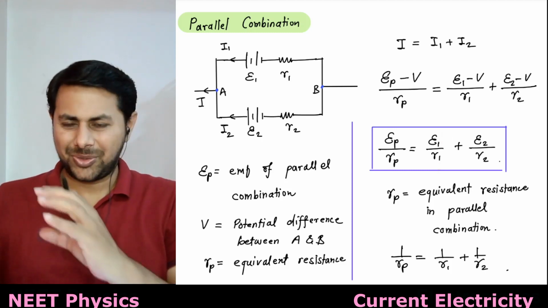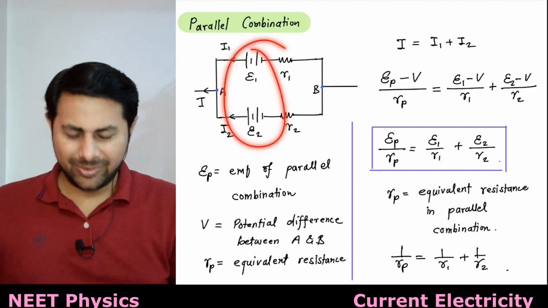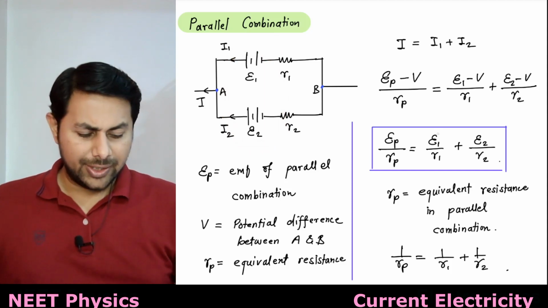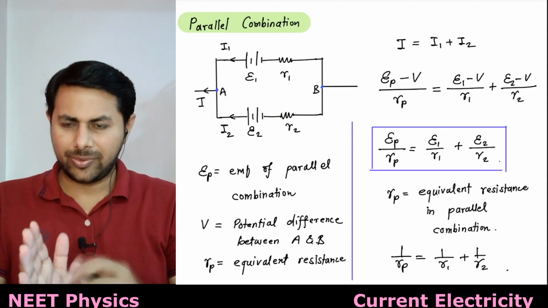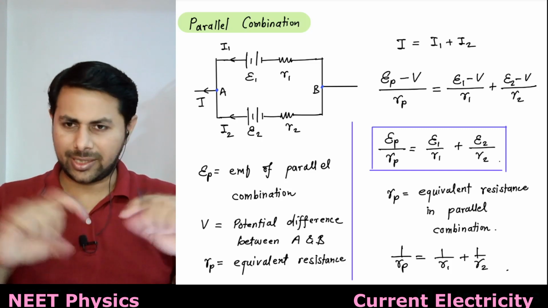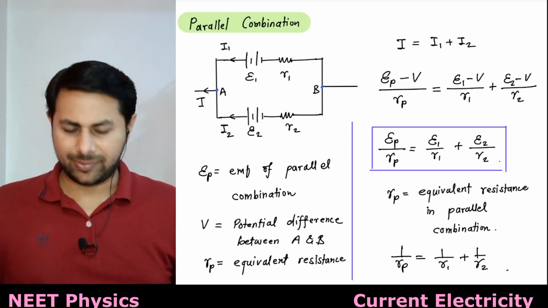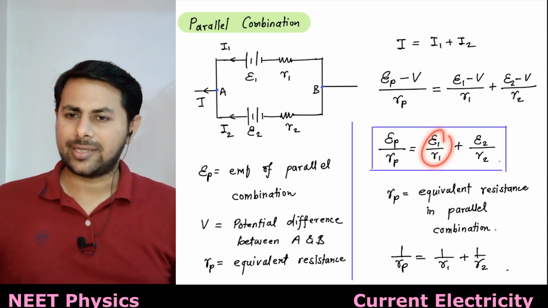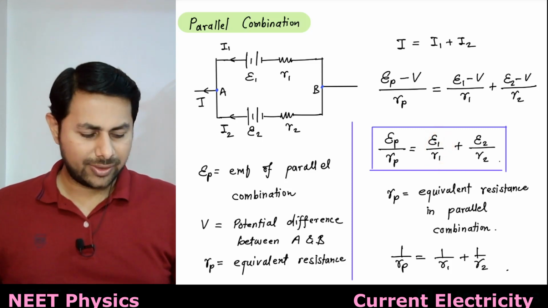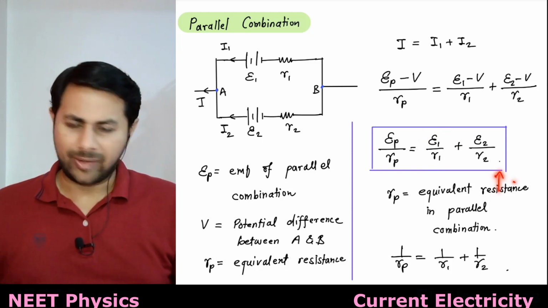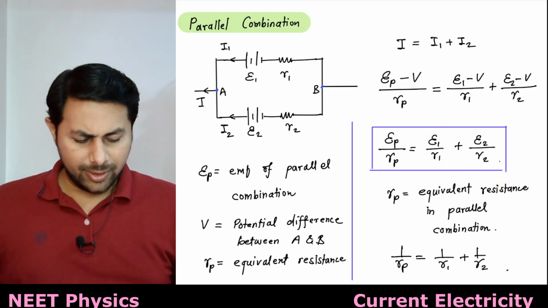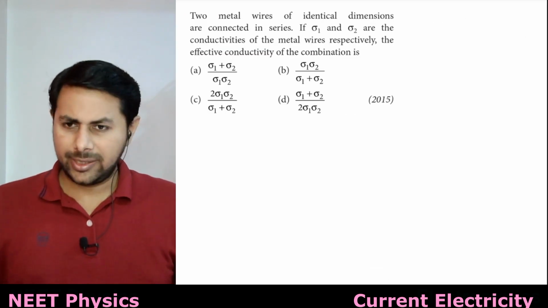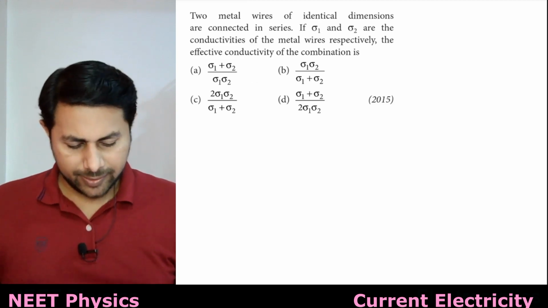The ratio of total EMF to total internal resistance in a parallel combination is just equal to the sum of ratios of EMF to internal resistance of the cells connected in parallel. So remember it this way, right? Okay, good.